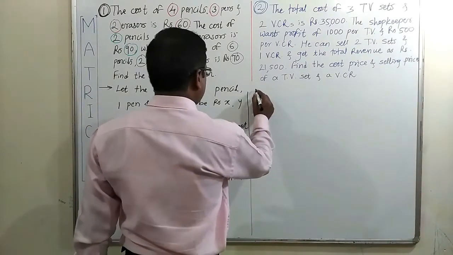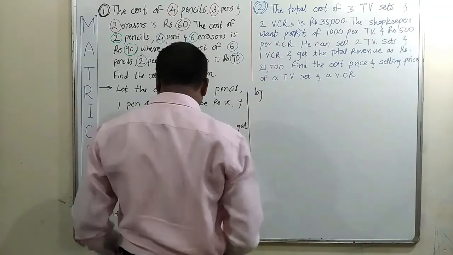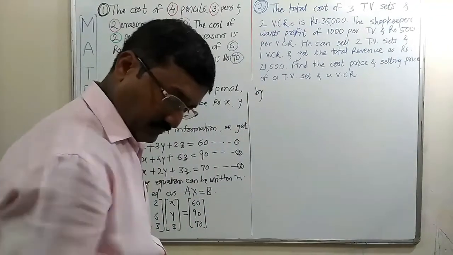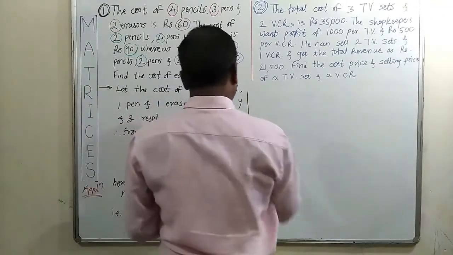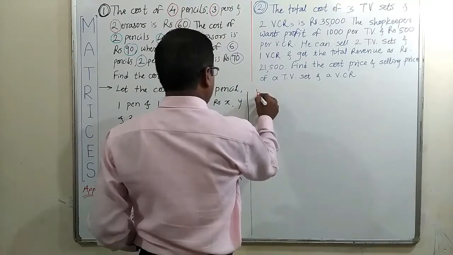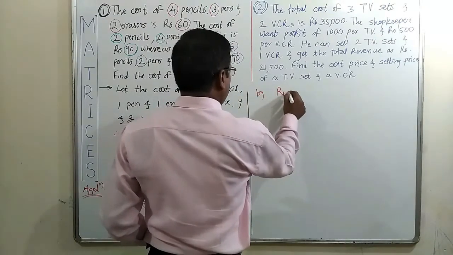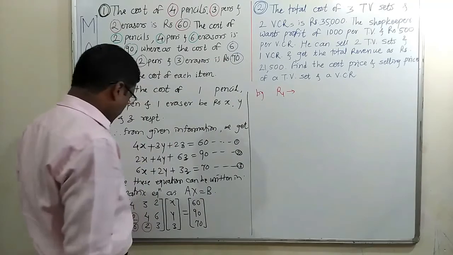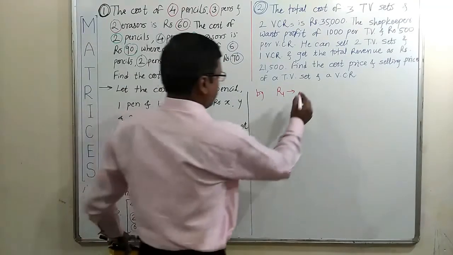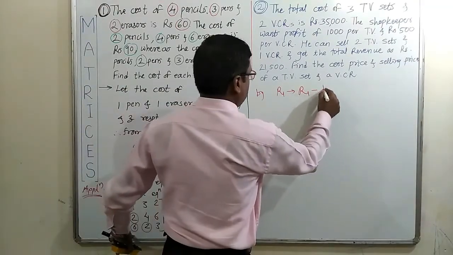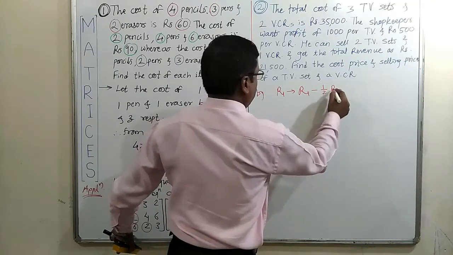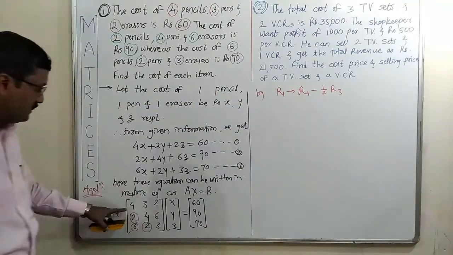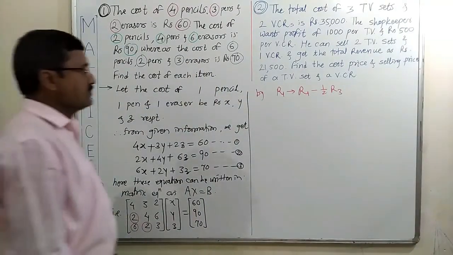So by R1 changes such that R1 minus half of R3.